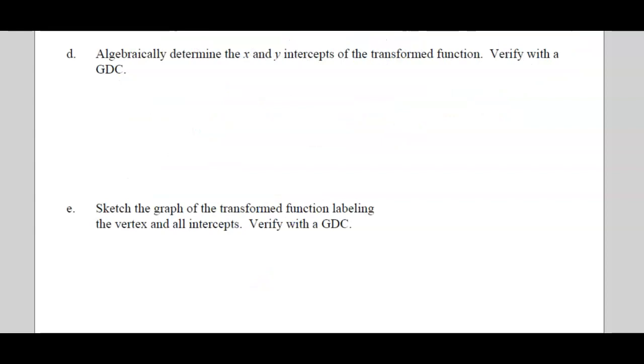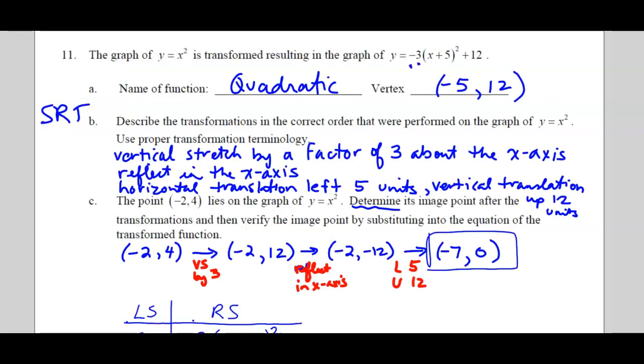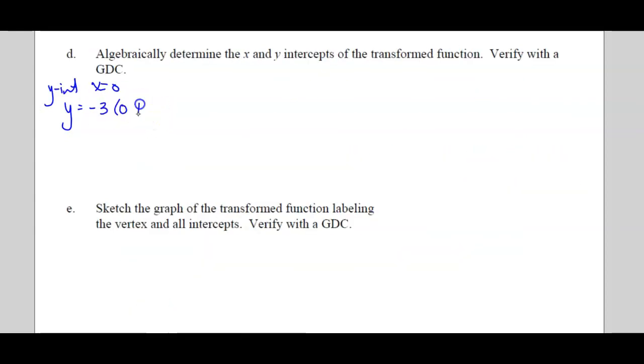Now, algebraically determine the x and y intercepts of the transformed function. Verify with a graphing calculator. Okay, so y-intercepts are easy, right? So y-intercept is when x equals 0. So we're going to go y equals negative 3, 0 plus 5, all squared.